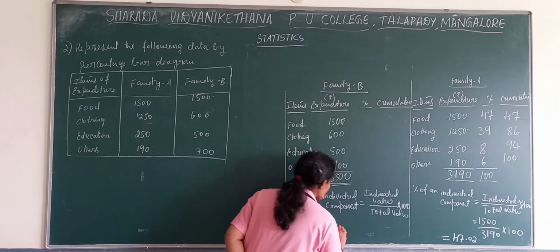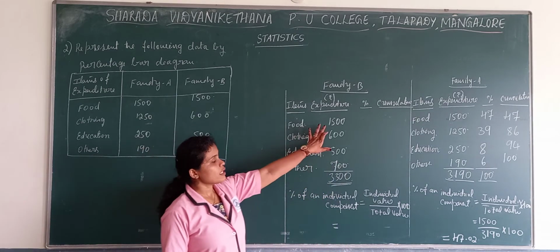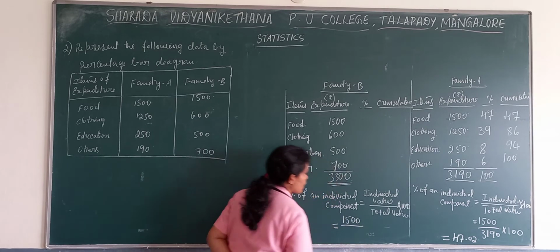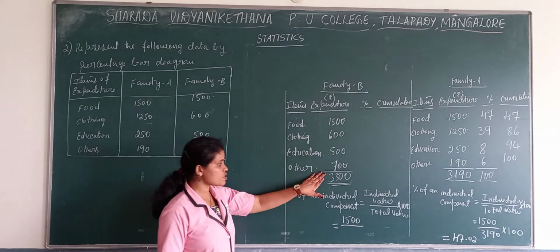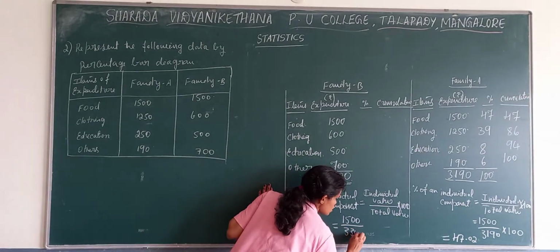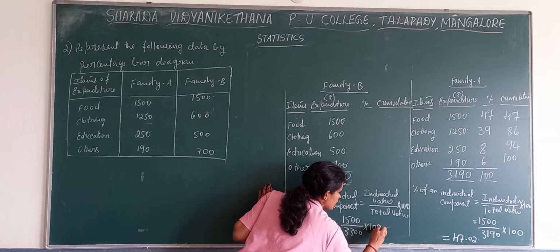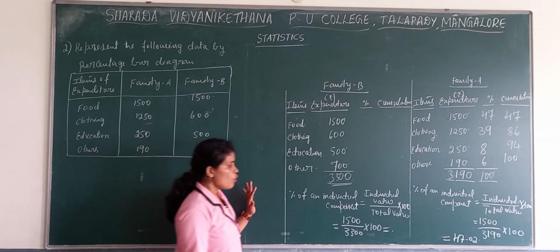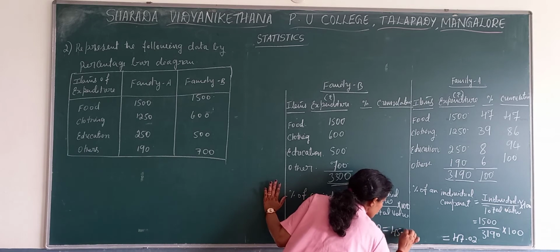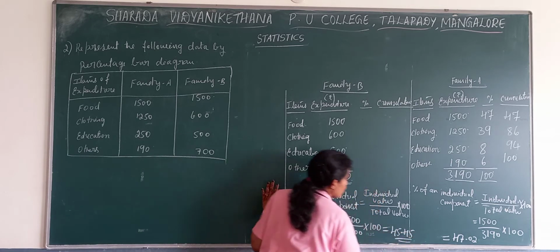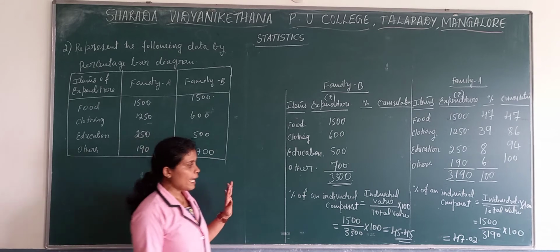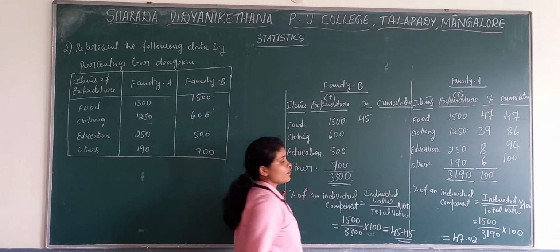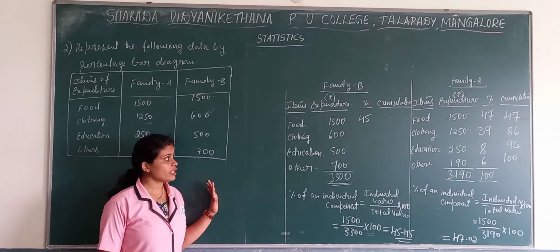Now take the first one. What is that first one? 1,500. 1,500 individual value. Total value is 3,300. 3,300 into 100. What do we get for the first one? There you get 45.45. Approximately you can take it as 45.